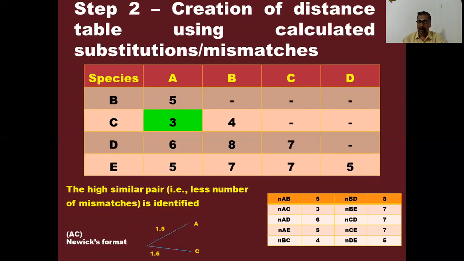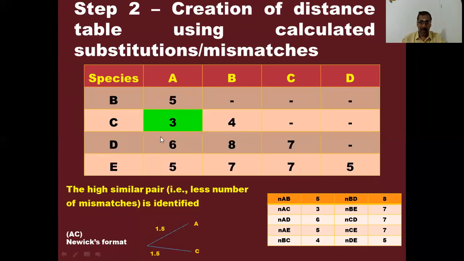Which pair has recorded the least number of mismatches, the least number of substitutions. That particular pair can be considered as what? The most closely related species.